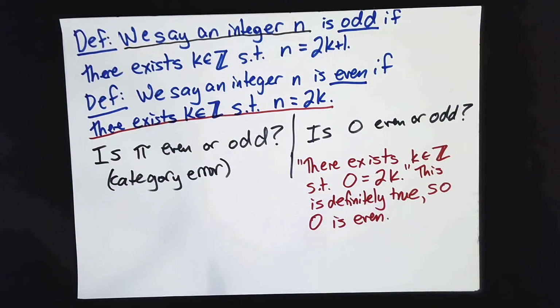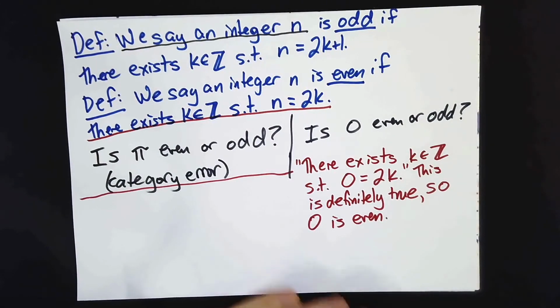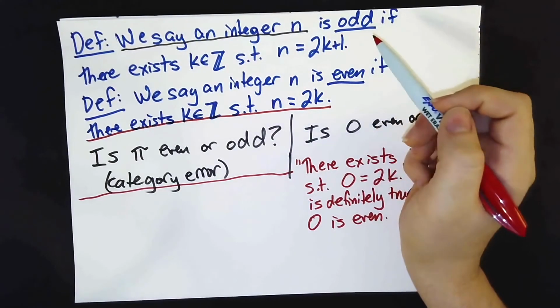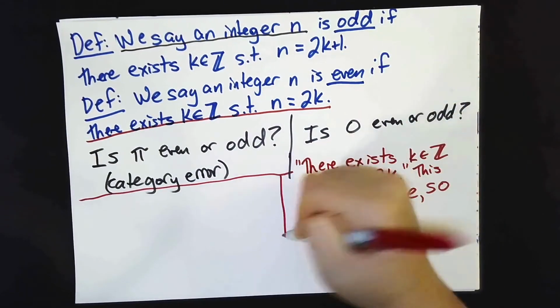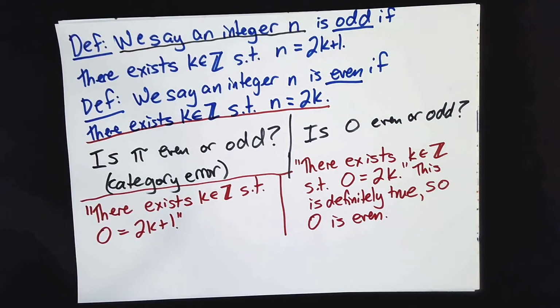On the other hand, 0 is a pretty weird number. You might be concerned, maybe 0 is both even and odd. Who knows? So let's check and see if 0 is odd. 0 being odd would be equivalent to the statement that there exists a k in the integers, such that 0 is equal to 2k plus 1.